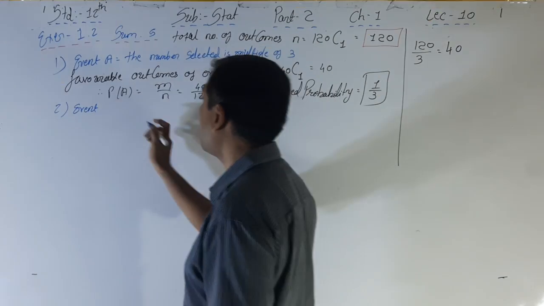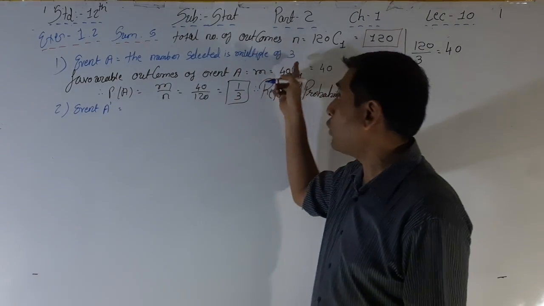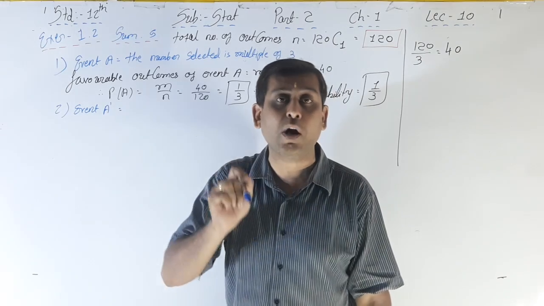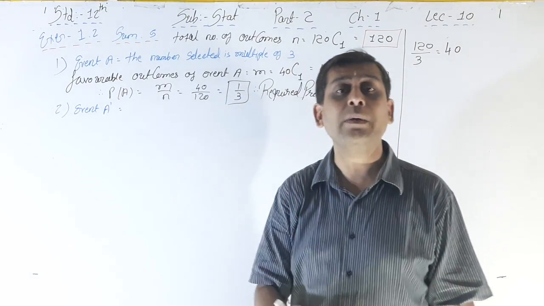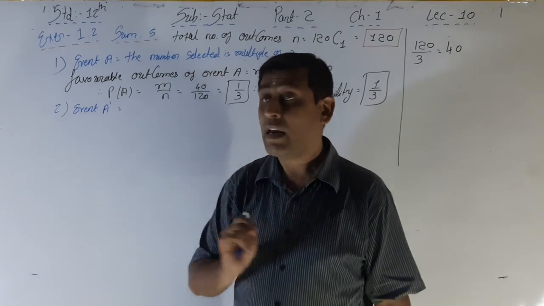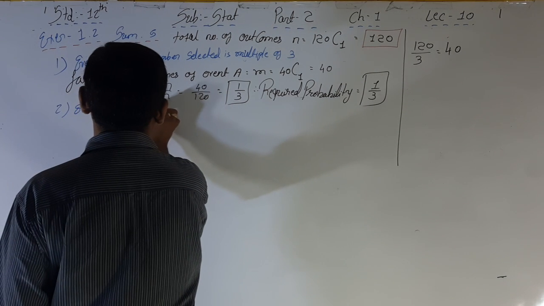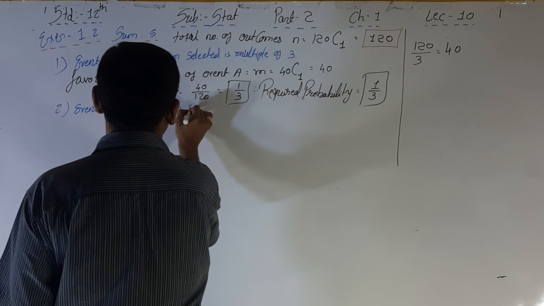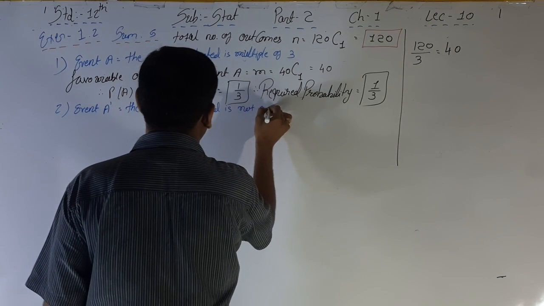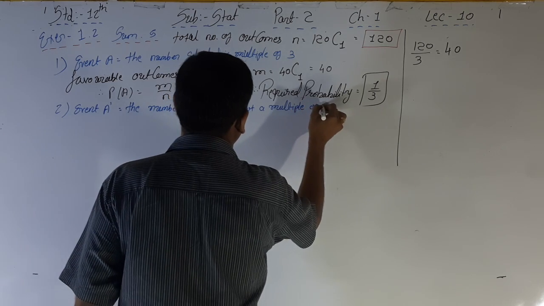If the first event is that the number selected is a multiple of 3, and the next event is that the number selected is not a multiple of 3, that means it is the complementary event of event A. That's why we can say it is not event B, it is event A dash: the number selected is not a multiple of 3.